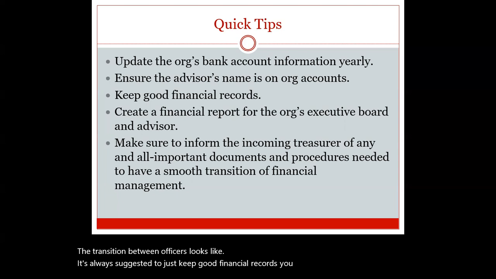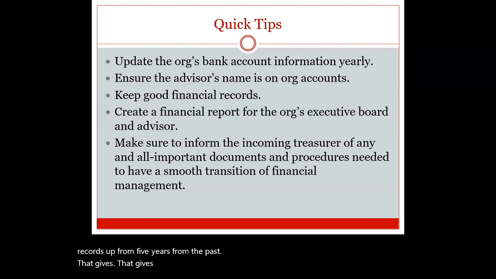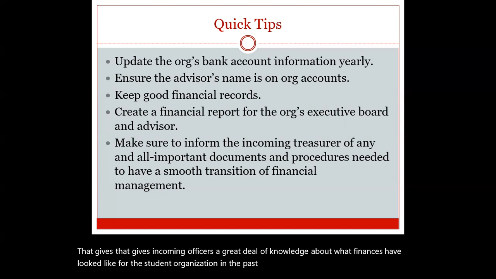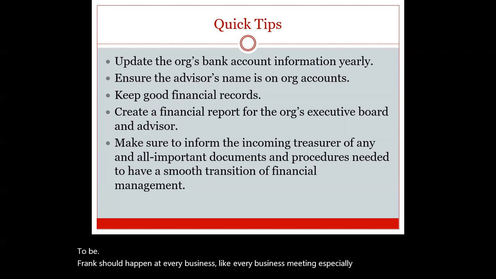You always want to keep financial records from the past 5 years. That gives incoming officers a great deal of knowledge about what finances have looked like for the student organization in the past. You also want to create a financial report for the org's executive board and advisor. A financial report, to be frank, should happen at every business meeting, especially every executive board meeting.